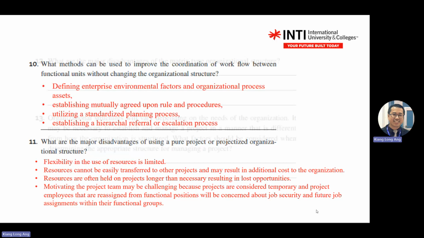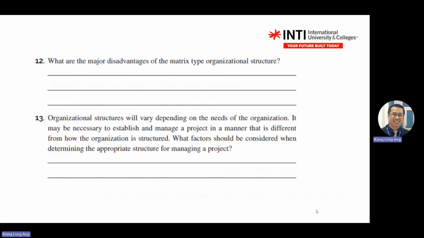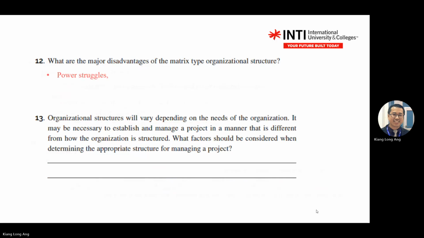Okay. So what are the major disadvantages of matrix type? Also this one is in our PowerPoint slides, right? Okay. So power struggles here because you are going down and to the right. Different priorities, conflicts. You see, the word conflict still appeared in this organization chart. Shifting people between projects causes cost and delay.